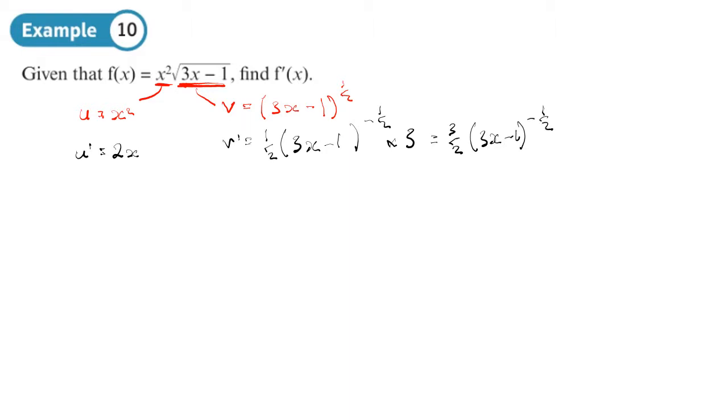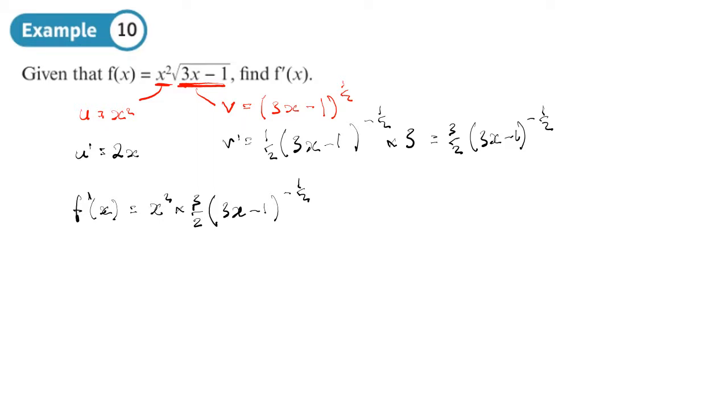So now we can plug everything in using the same notation. f dash of x is going to be u, which is x squared, times v dash, so times 3 over 2, 3x minus 1 to the minus a half.